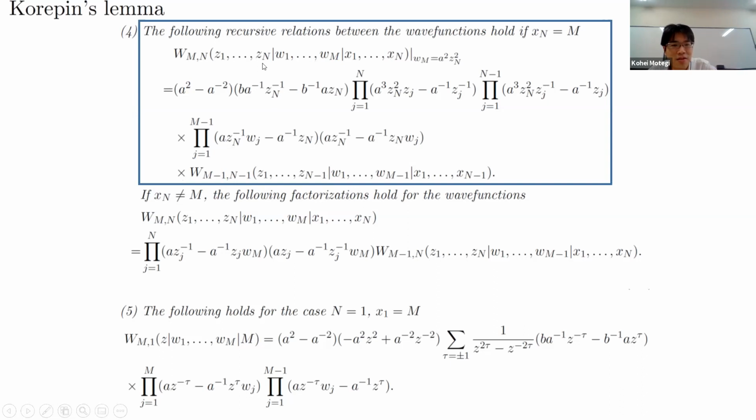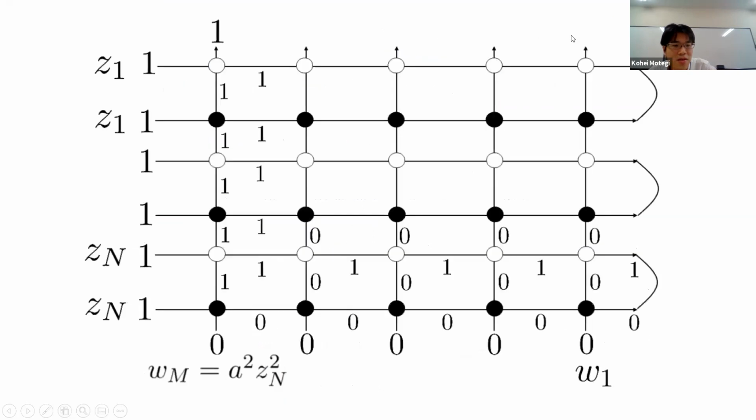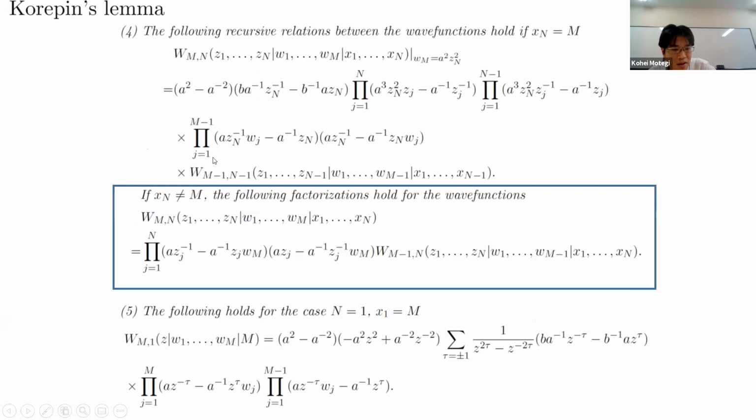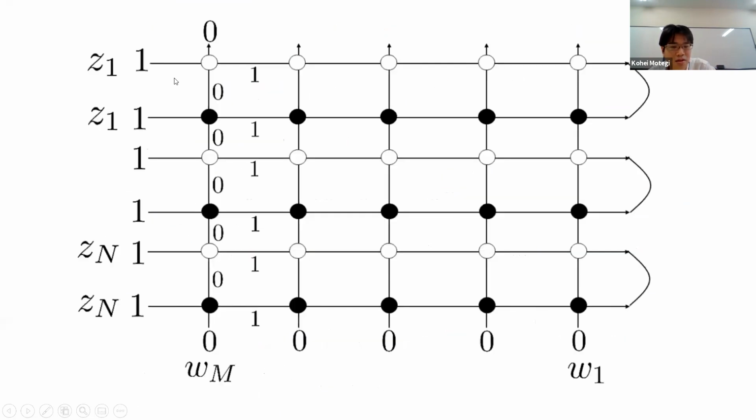And also you can show this evaluation when small xn is equal to large M, and it's like this. This part is frozen and the remaining part is a smaller partition function. And you can also show this factorization when small xn is not equal to large M, and it's like this. So this part is frozen and the remaining part is a smaller partition function.